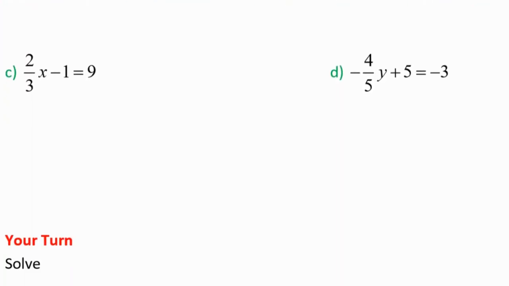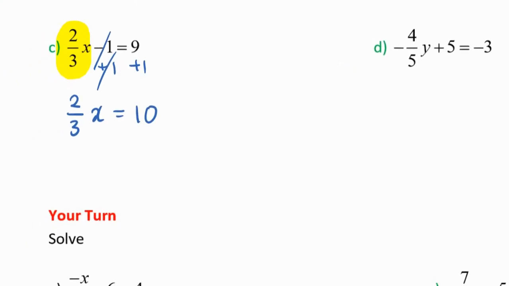Okay, next. C. You have 2 over 3 x minus 1. First step, we're going to isolate the term with x by adding 1 to both sides. So I have 2 over 3x, the minus 1 cancelled, 9 plus 1, 10.